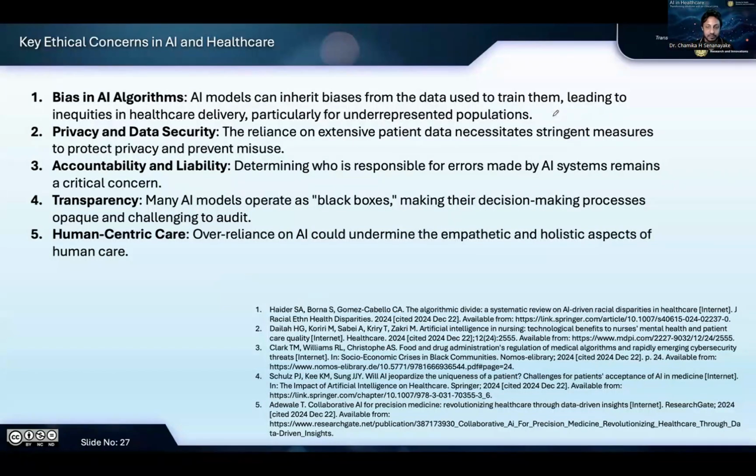If we want to adopt any AI system in Sri Lanka, we should be mindful because those AI systems may be trained using a different population and might be giving insight based on that population. That's something we have to be careful about when we adopt AI into the Sri Lankan context.